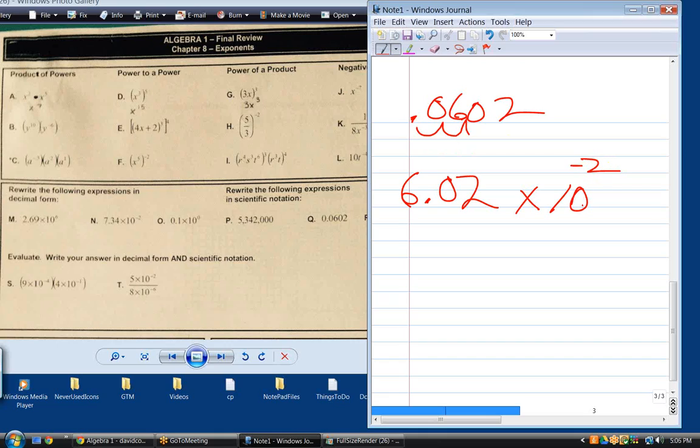Oh, okay. Well, let's think about this. In other words, you can figure this out. 6.02 times 10 to the 1 would be what? 60.2. Yeah. Times 10 to the 0 would be what? Well, 10 to the 0 is 1.